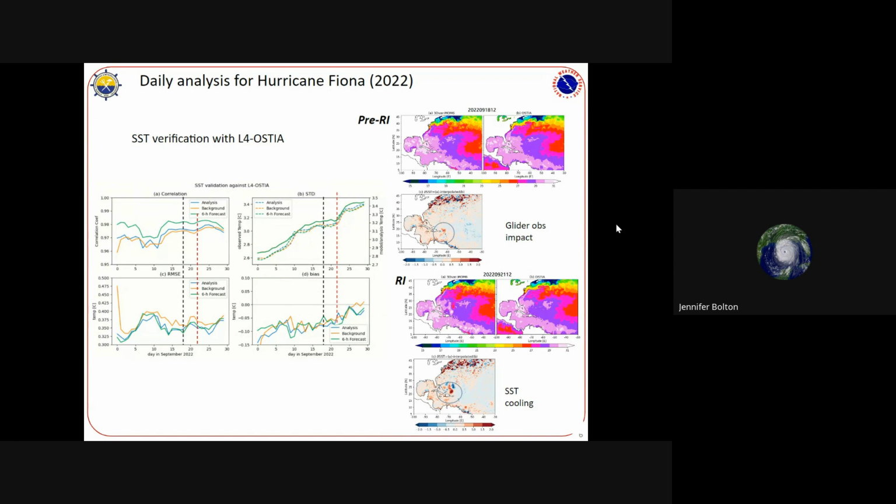So for the pre-RI period, apparently rain is weak, so you don't see much difference, except that around the circle area we have more positive differences in the analysis compared to the independent product. But during the RI period, the difference is quite large.